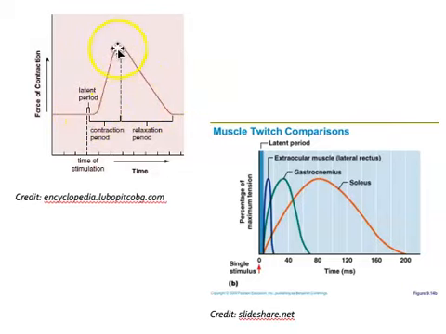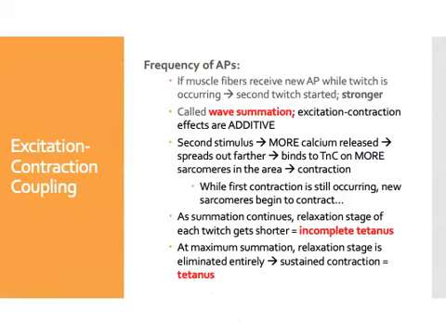Then you have the contraction to maximum force, and then you have relaxation. When the frequency of the action potentials goes up and up, as more action potentials arrive faster and faster, in order to accommodate that, this relaxation phase is going to get shorter and shorter and shorter.